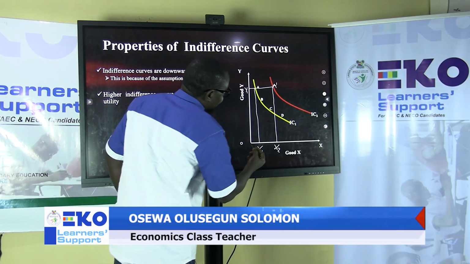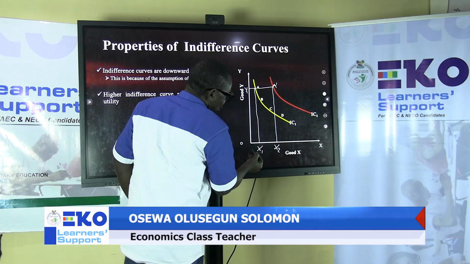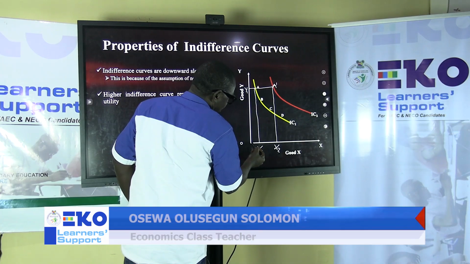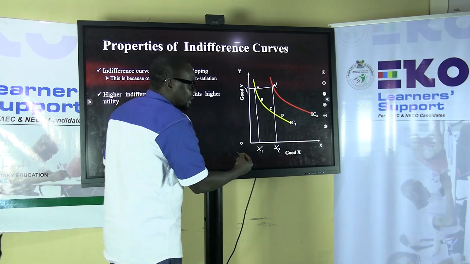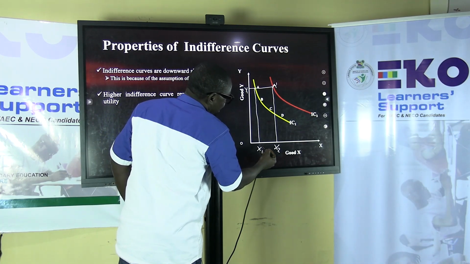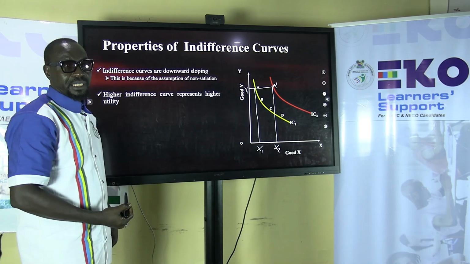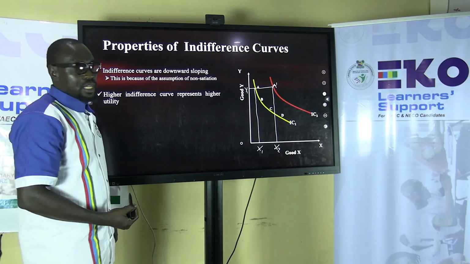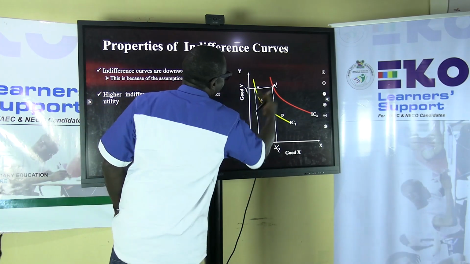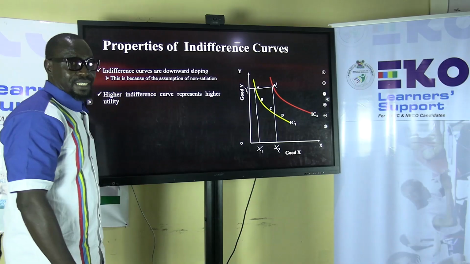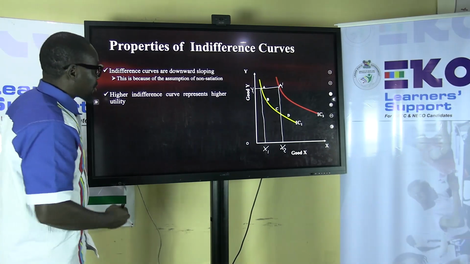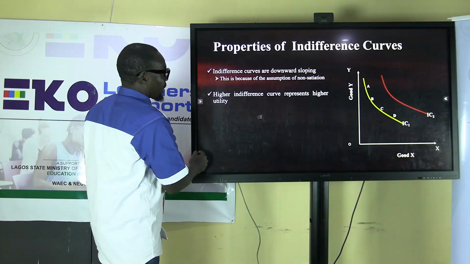You will notice that at point A prime, the consumer is able to derive utility or satisfaction by consuming more units of good X or commodity X. Therefore, we say that the higher the indifference curve, the higher the level of satisfaction to the consumer.